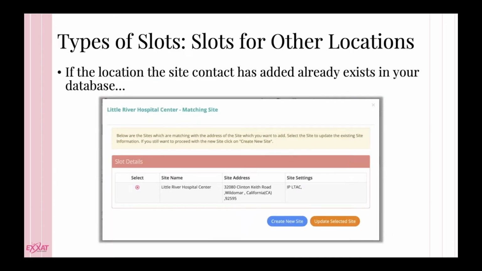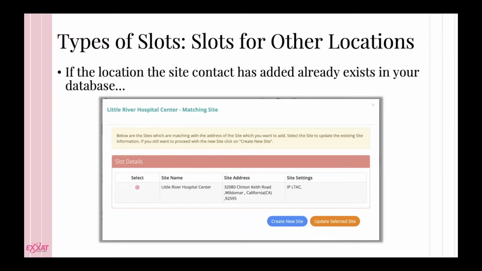So before we move into adding that new site, the system checks to make sure that that site doesn't already exist, because sometimes you didn't include it in the slot request, and so the site didn't see it, or they don't recognize the name that you gave it, so they add a new site anyway.